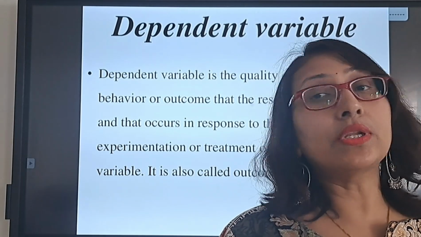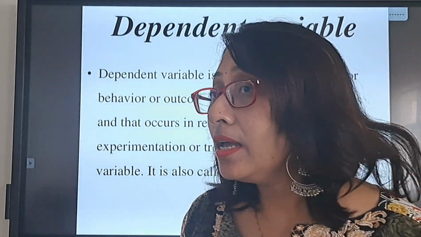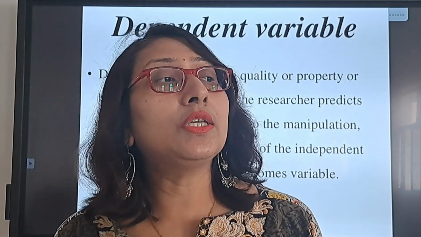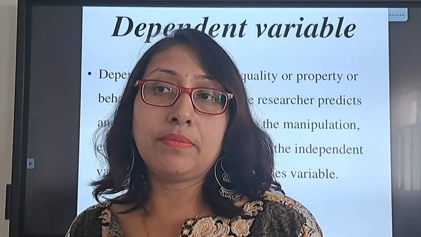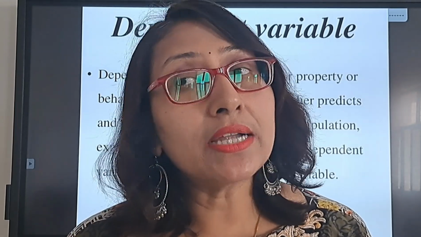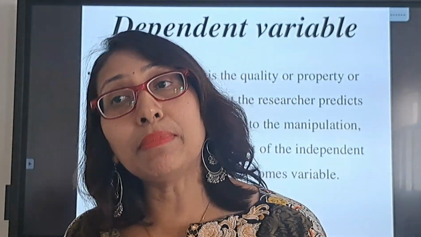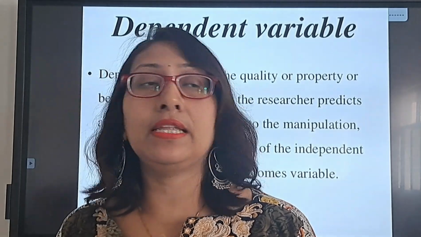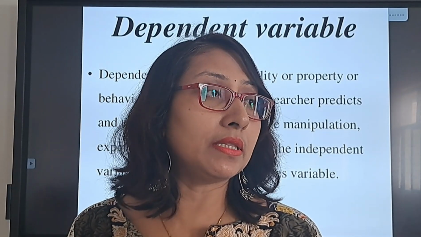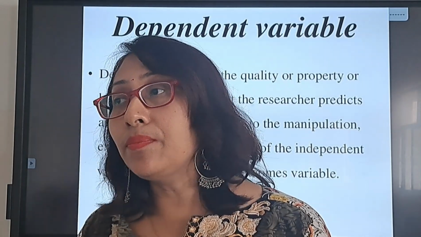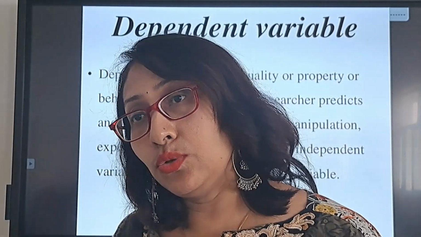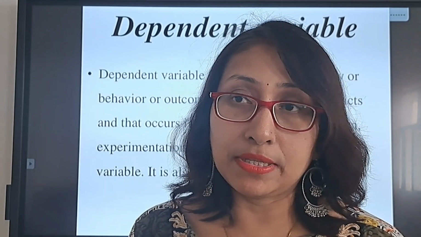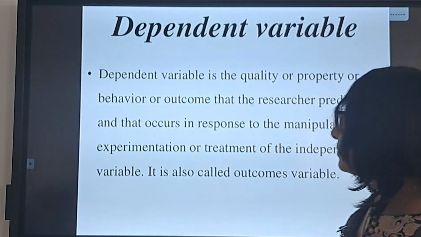It is a result-oriented variable. Because based on the execution, manipulation or implementation of the independent variable, you can see its impact or effect on the dependent variable. That is why the name has come as dependent variable. The dependent variable's outcome is totally dependent on the manipulation or execution of the independent variable. Fine.